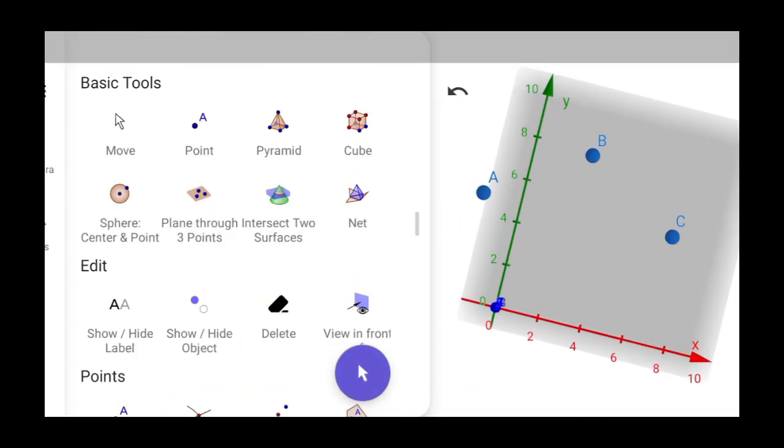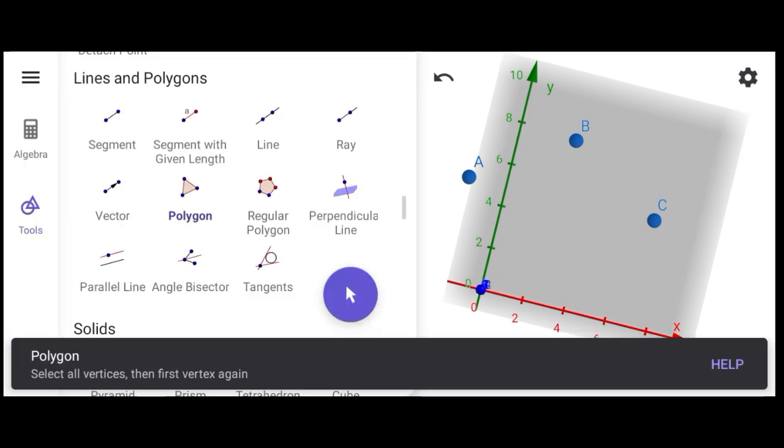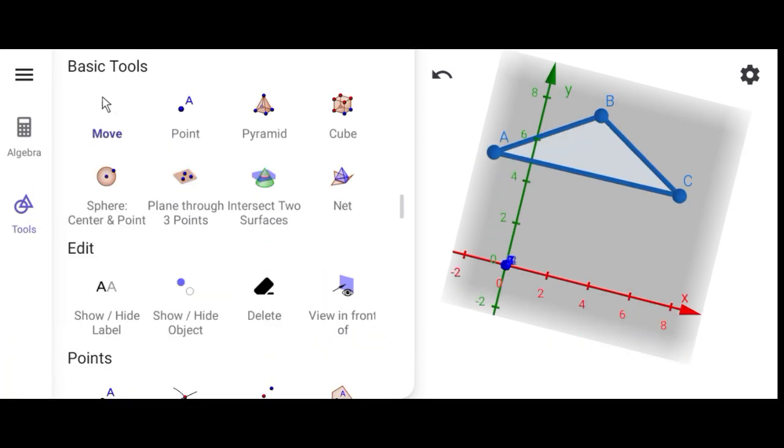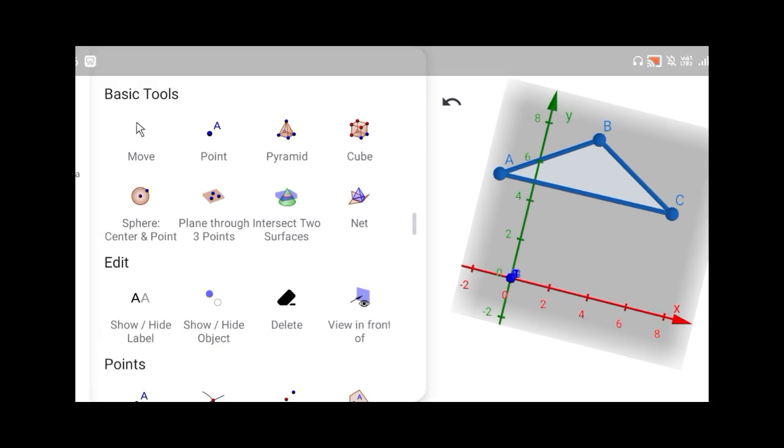So let's check it. The units of the base is 1, 2, 3, 4, 5, 6, 7, 8, 9, 10. And the units of the height is 1, 2, 3.